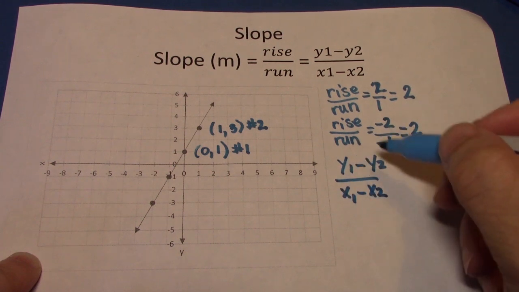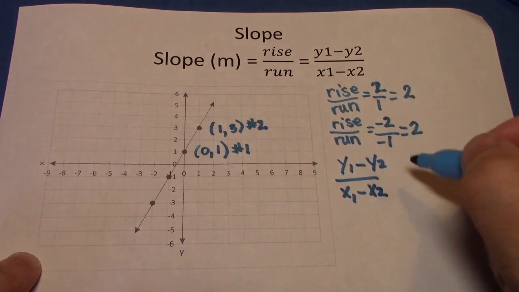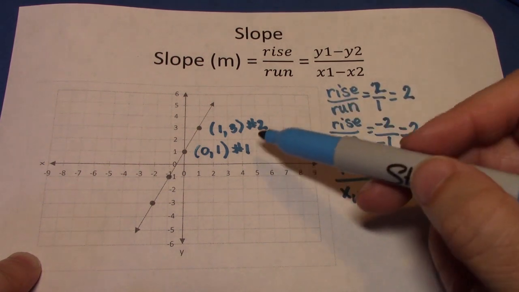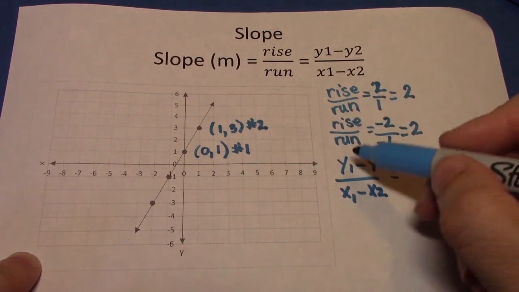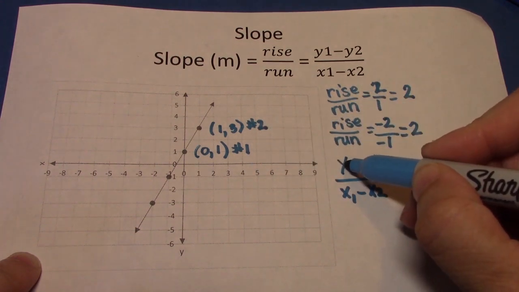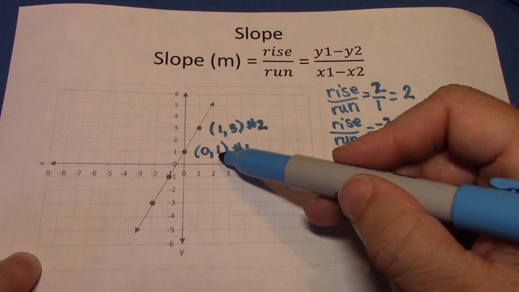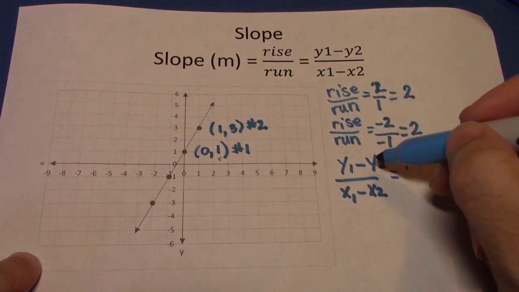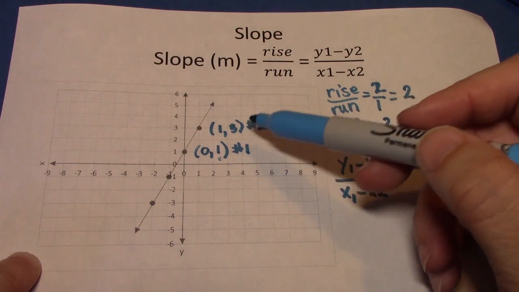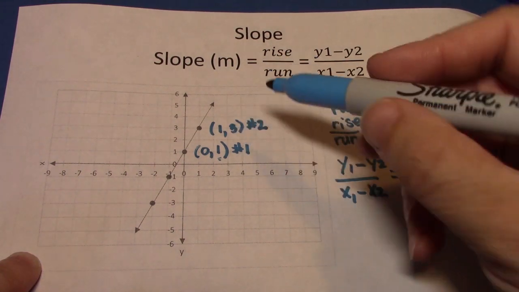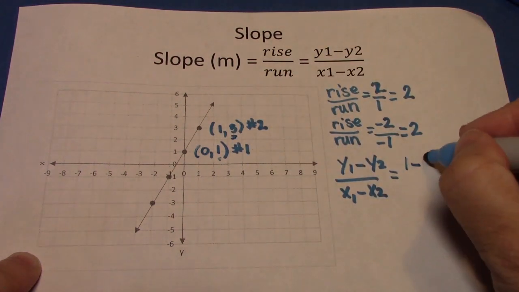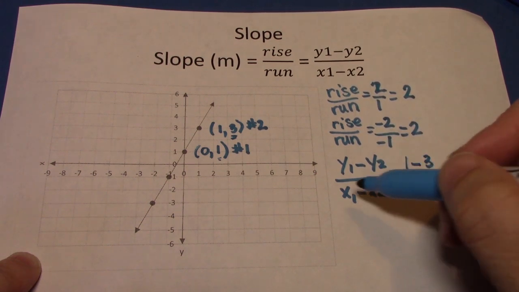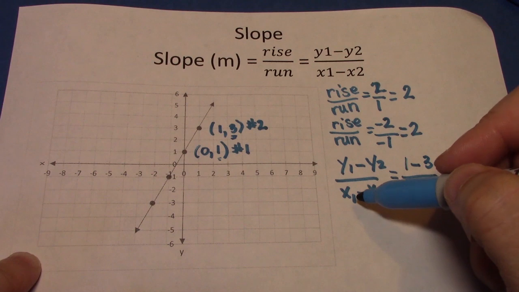The 1 and the 2 refers to the point number. So if we take this point 1 and point 2, this says that we want to take the y value of point 1, that would be 1, minus the y value of the second point, that's this, and we want to divide that by the x value of point 1.